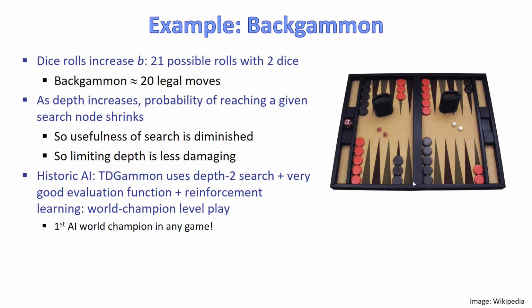As I said, backgammon is the classical example. The number of legal moves every time is on average about 20. The point here is that as depth increases, the probability of reaching a given search node shrinks. Why is that? Because of the chance node.